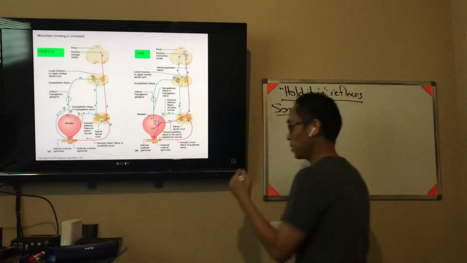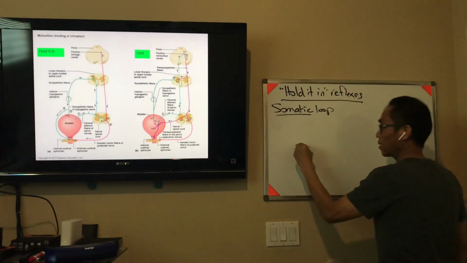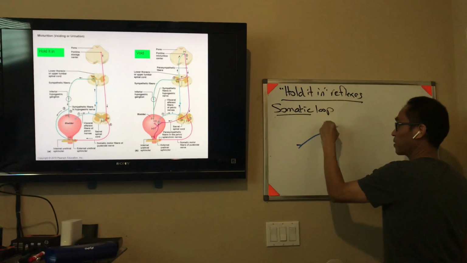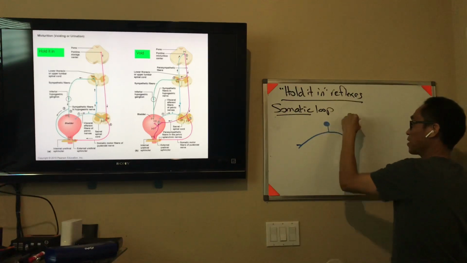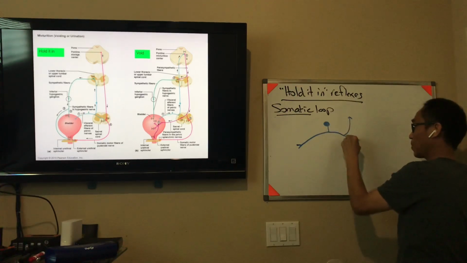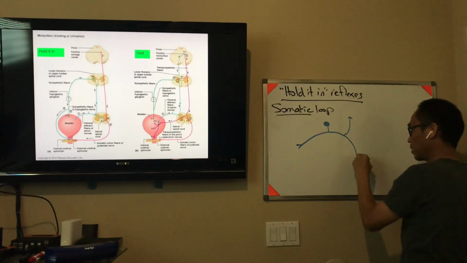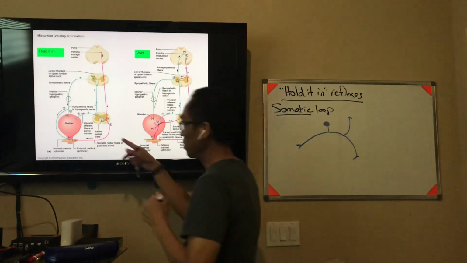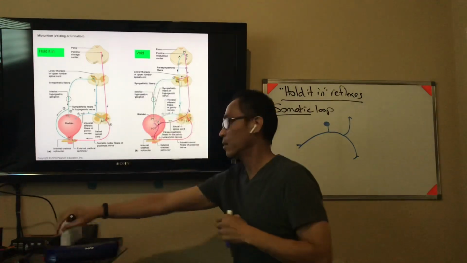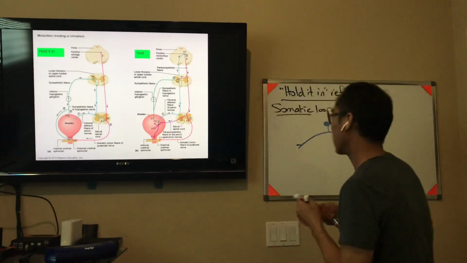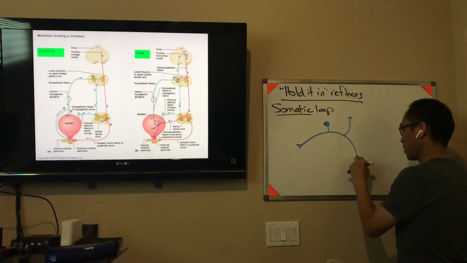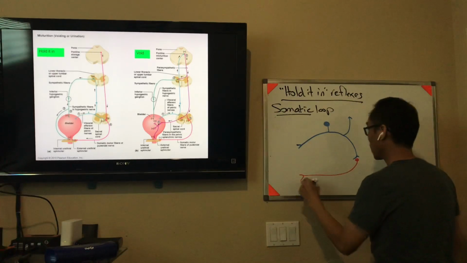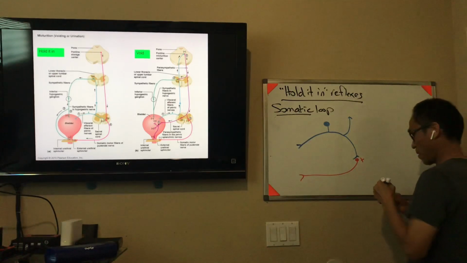This afferent nerve, right, or cell. There's a branch that goes up, but I care about the one that goes in the spinal cord and synapses directly onto the pudendal nerve. That stimulation right there.